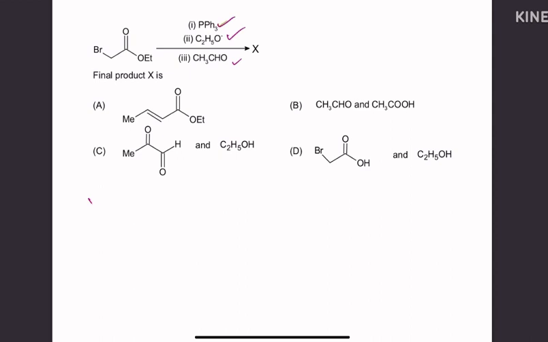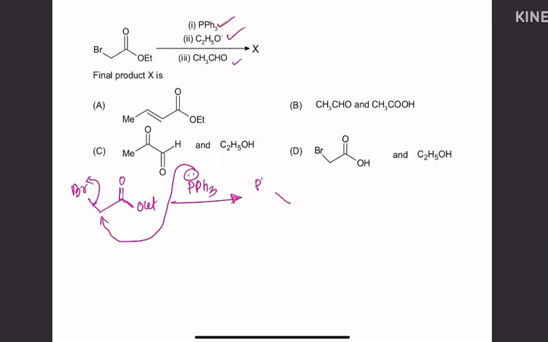So one by one, if I add the reagents, let's see what product it will form. Br, PPh3 is triphenyl phosphine. So PPh3 will directly go, so it will form PPh3 plus.